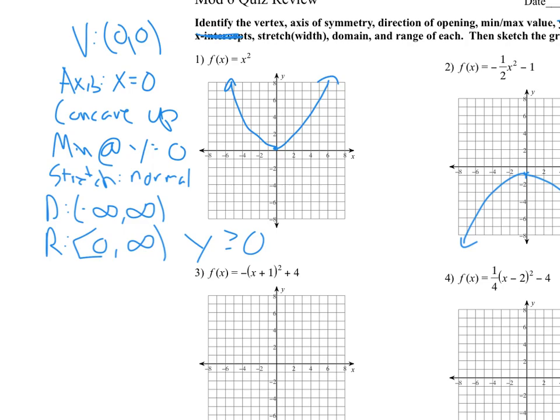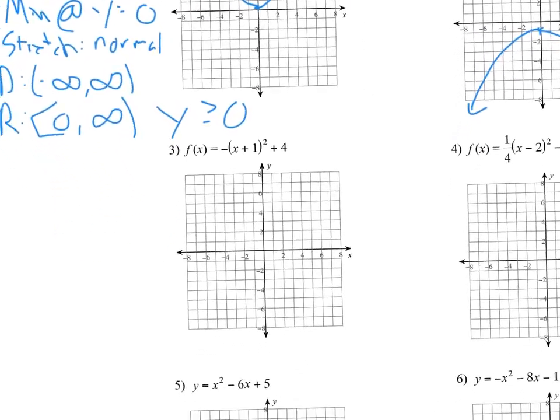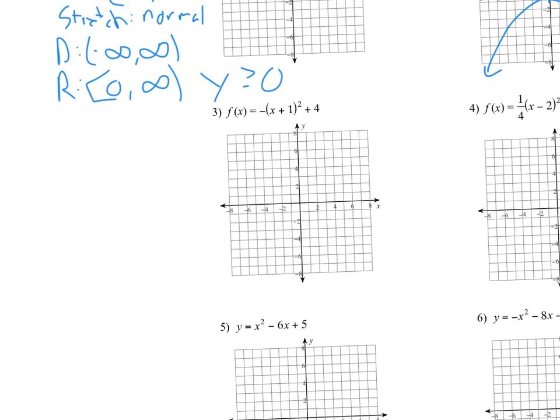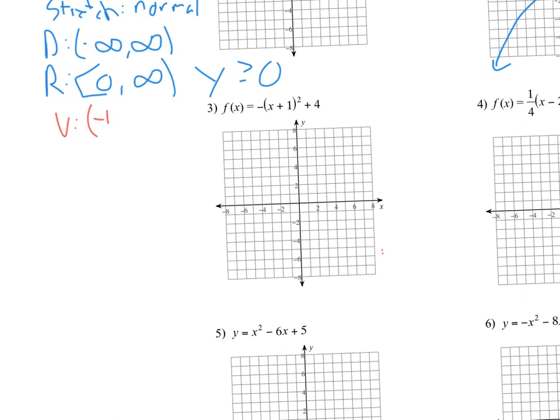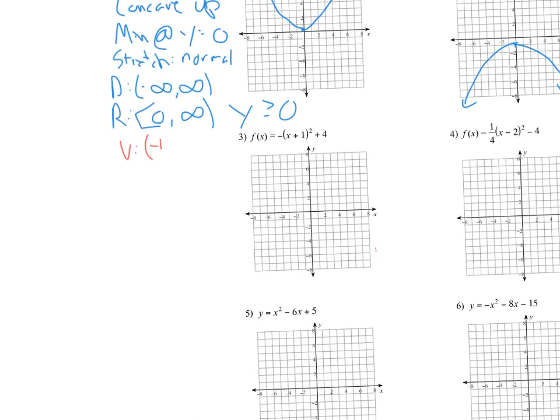All right, number 3. Okay, so our vertex is -1, 4. Our axis is x equals -1.